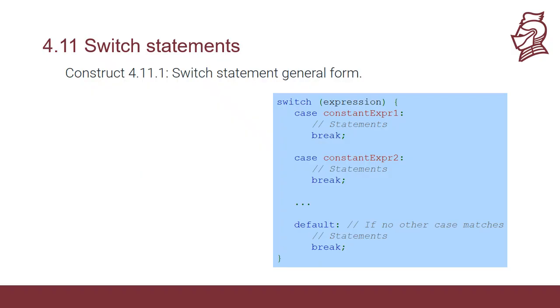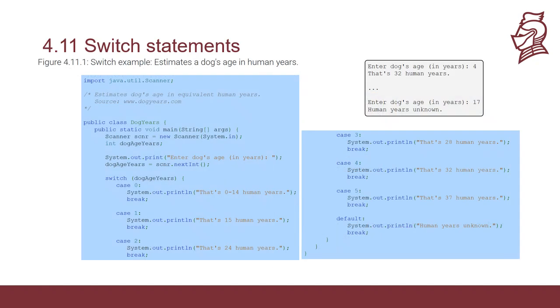So this is just the general form of that switch. And so we have some expression up here, and then we have a constant, and that expression has to match one of these constants for that case to be executed. So here's a switch case. So let's take a look at it. So we're going to switch on dog age years, right?